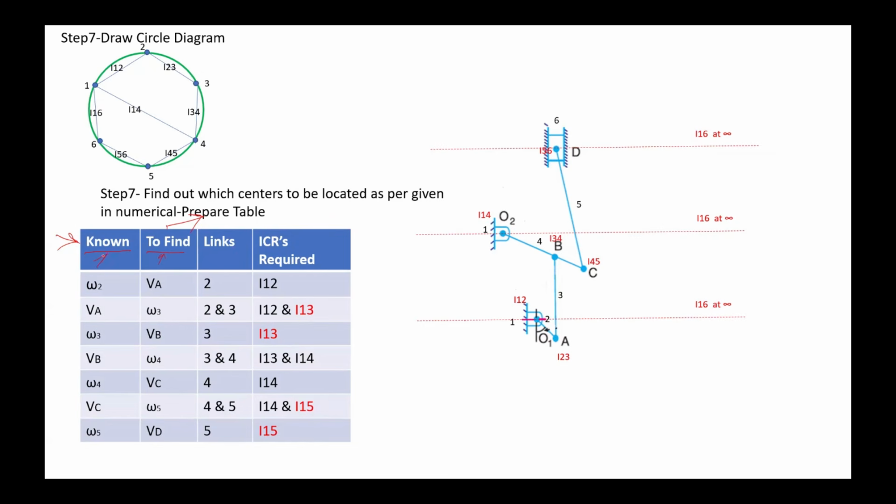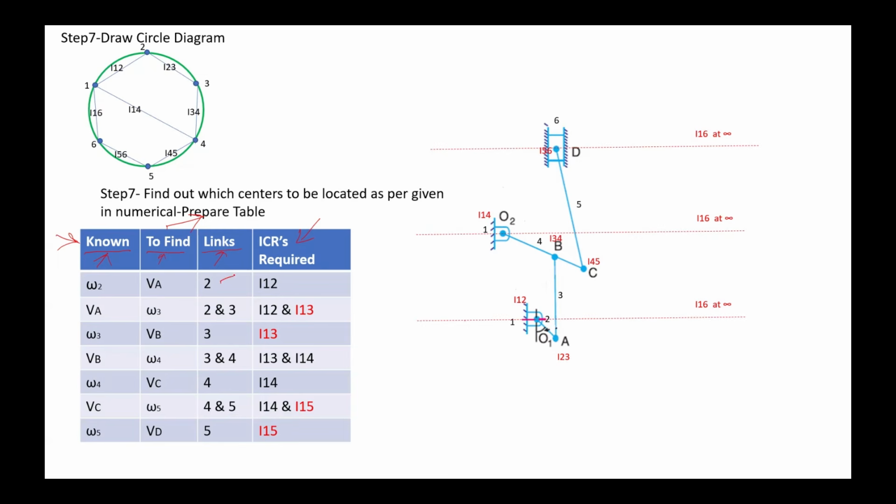First column is what you know, that you have to write down. Now, on which link your finding or what you know will come, that link number you have to put in the third column. And related with that link, you make the ICR list.